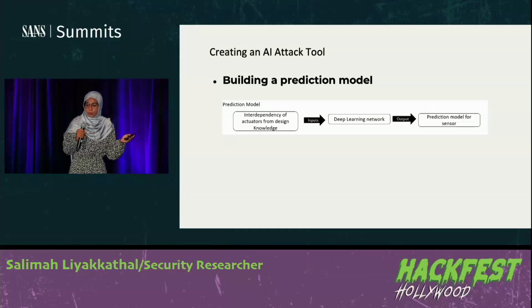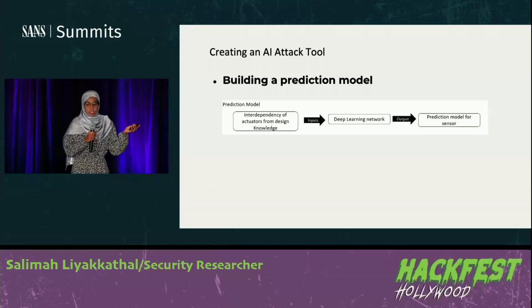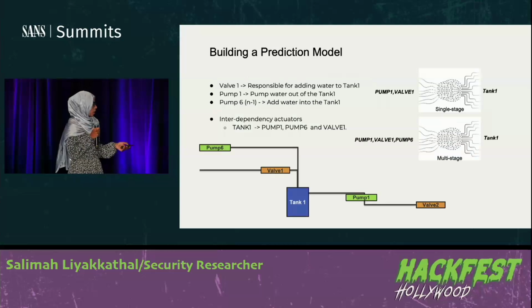So the output in this case is going to be the prediction of water level tank sensors. The interdependency of actuators could be your valves and pumps and so on. So whatever you input into the model, the output will be your level sensor. To explain further, let's look at the diagram below.